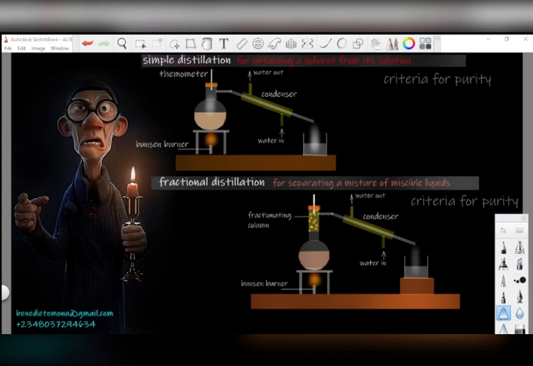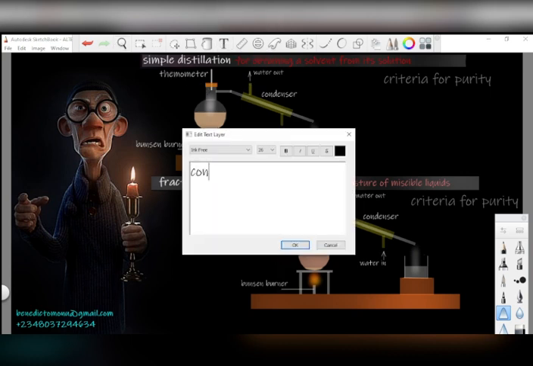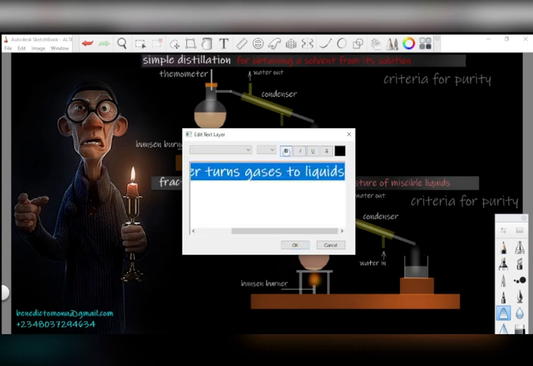And let us not forget that in a condenser, water comes in from the base and leaves from the top. I've always seen questions in IGCSE, they tell you, put an arrow to show where water goes into a condenser and where water leaves the condenser. A condenser turns gas or gases to liquids. That's what a condenser does.